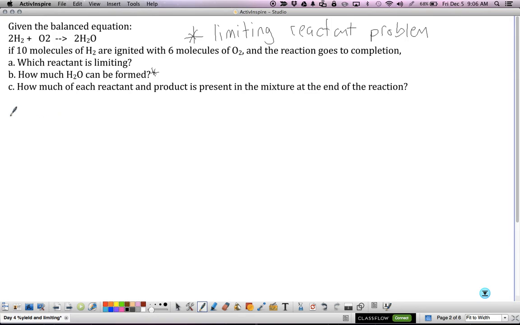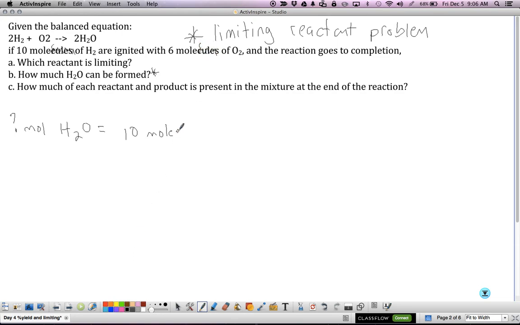So I want to know how many moles of water can be made if I start with these 10 molecules, oh, and this is 10 moles. I'm simplifying that to 10 moles.